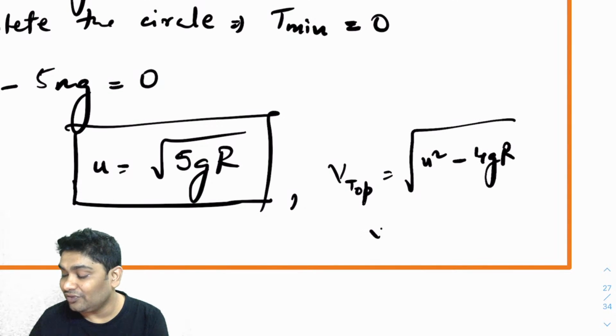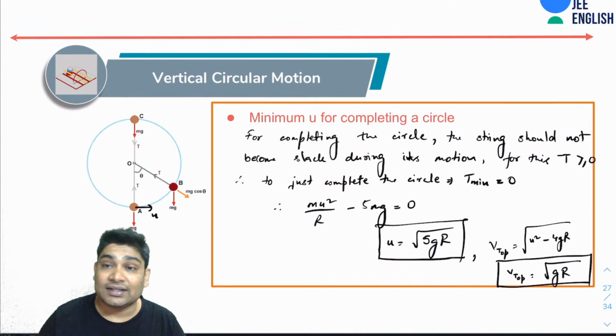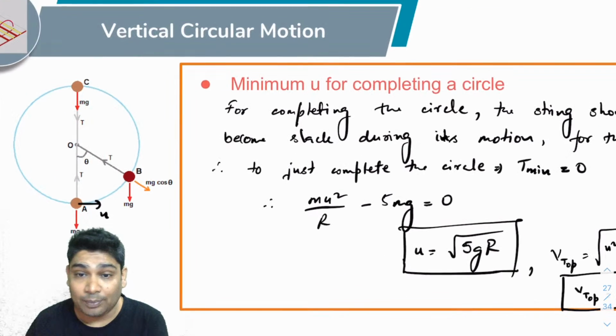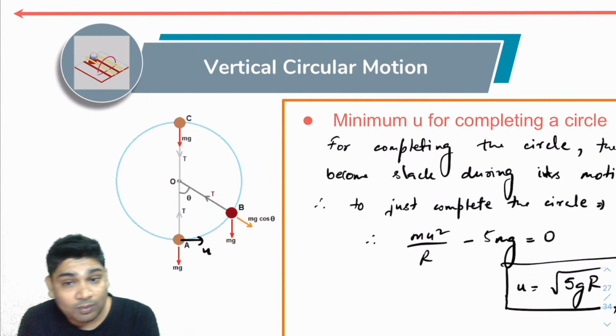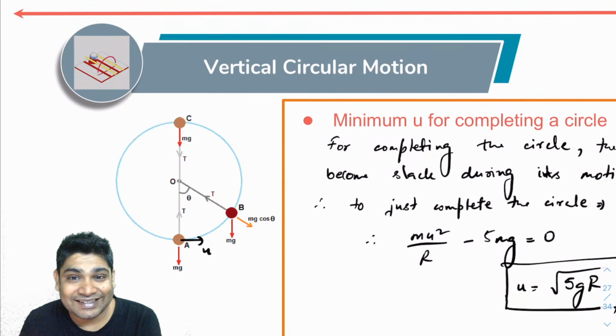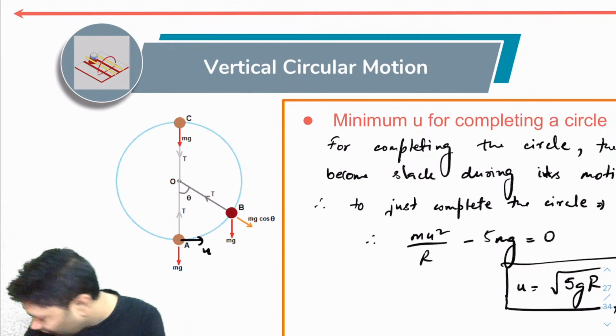That gives you V top equals root gr, which was rightly said by Pawan. So for just completing the circle, the minimum velocity for the bob to reach the top point. Is this correct? No, that is not. So 2 root gr you said. No, that is not correct. I will tell you why.